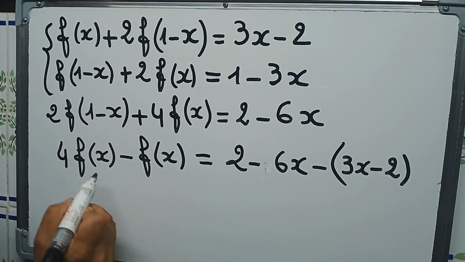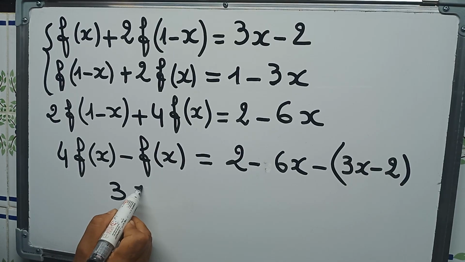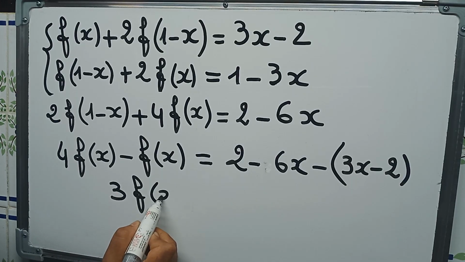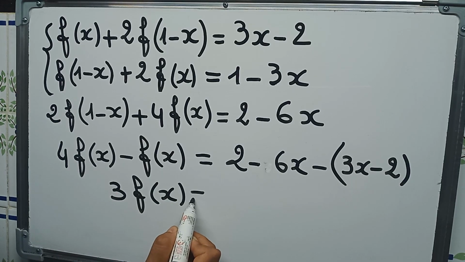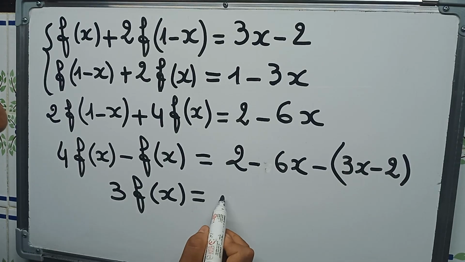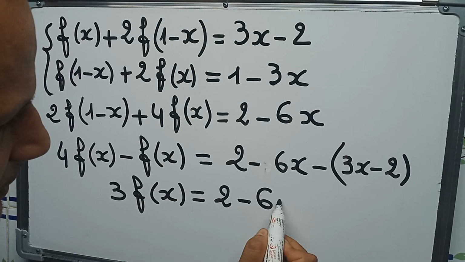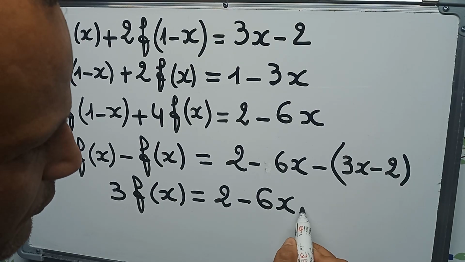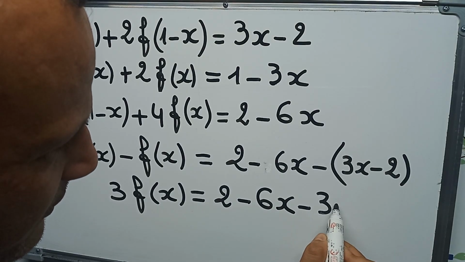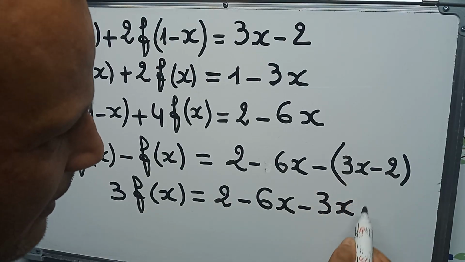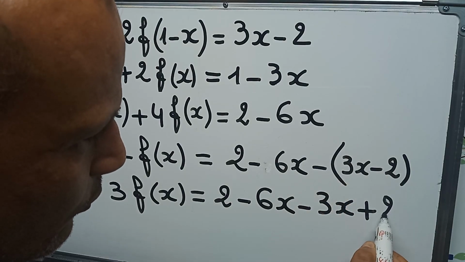Of course, here we will have 3f of x is equal to, and here 2 minus 6x, of course, minus 3x, and plus 2.